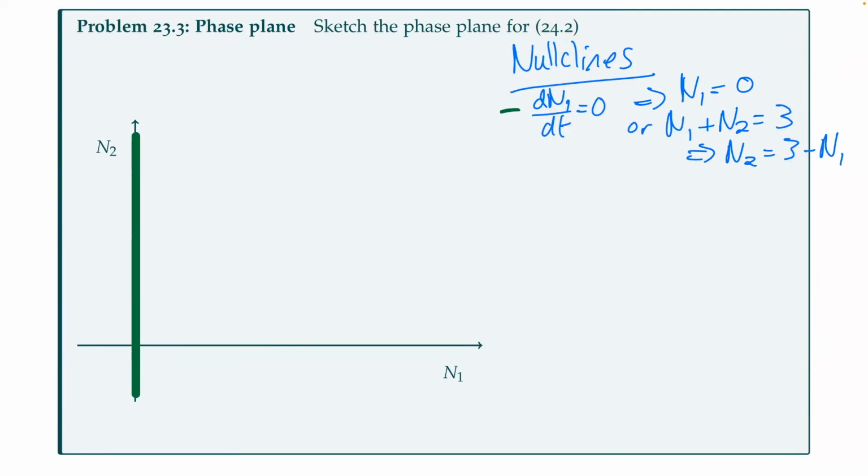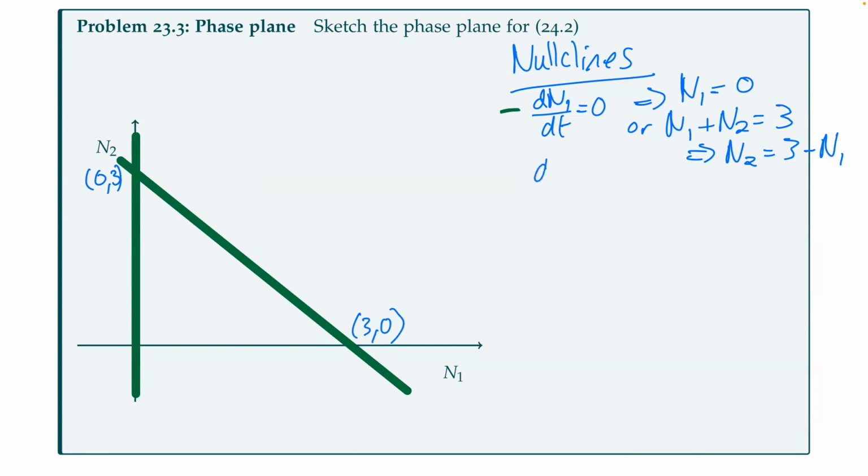So that looks something like this. It goes through this point here, (0, 3), and this point here, (3, 0), because n1 plus n2 must equal 3 on that null line.